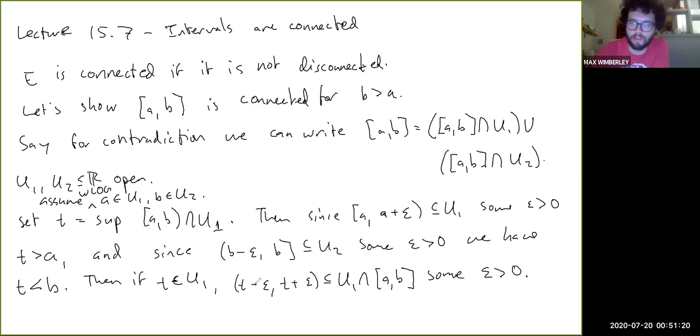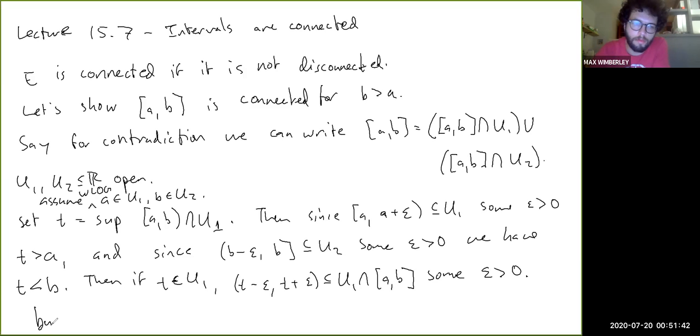We can find epsilon small enough because T is interior to U1, so some value of epsilon makes this interval a subset of U1. By making epsilon even smaller, we can also force this interval to be a subset of [a,b].